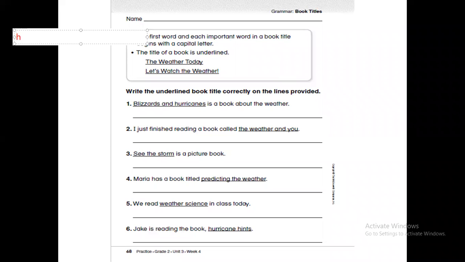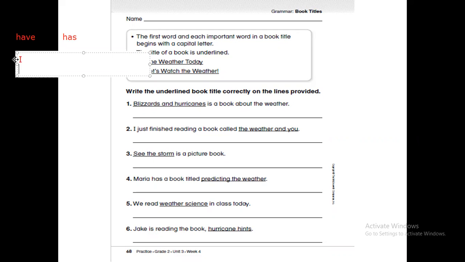We talked about have. We said the verb have has two forms. They are have and has. What will we use with have? We're going to use have with I, you, we, they, and plural subjects.